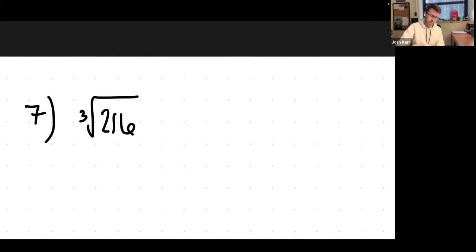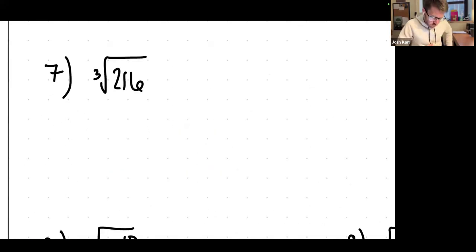All right, a couple more. Cube root of 216. So now this is asking what got cubed to arrive at 216. Okay.